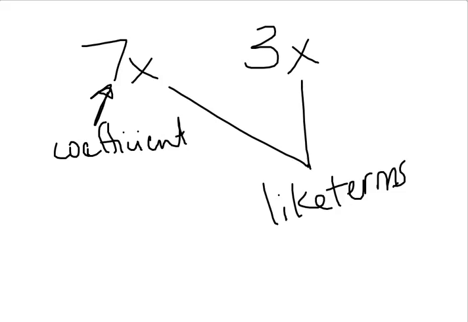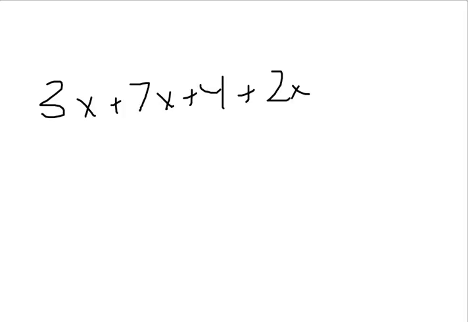Sometimes they will, sometimes they won't. And when you're looking at a polynomial, you want to simplify by combining like terms. So in this example, my like terms are 3x plus 2x plus 7x, which is 12x. And so we'd have 12x plus 4 would be our simplified version.